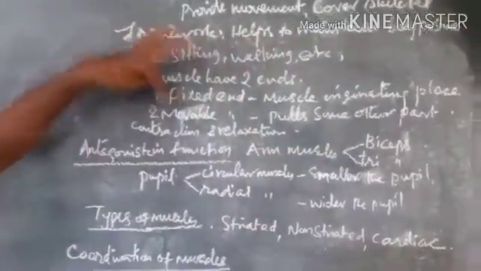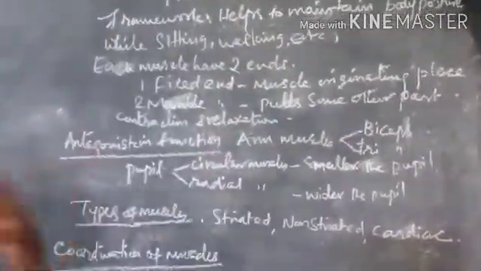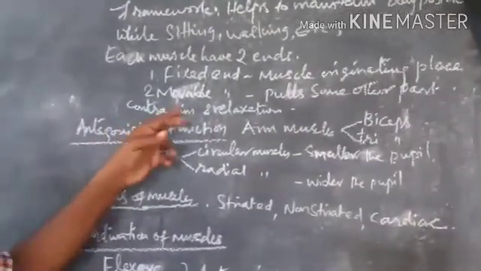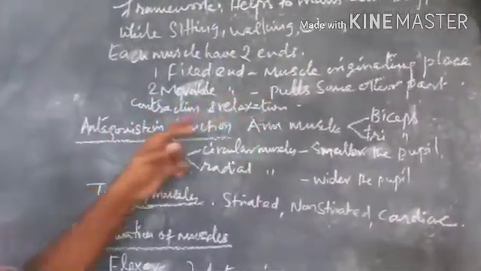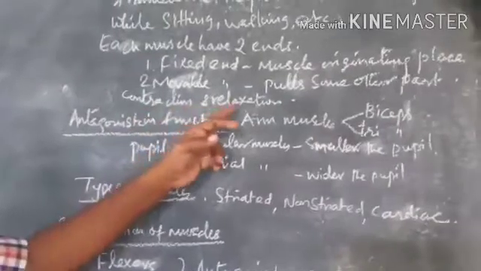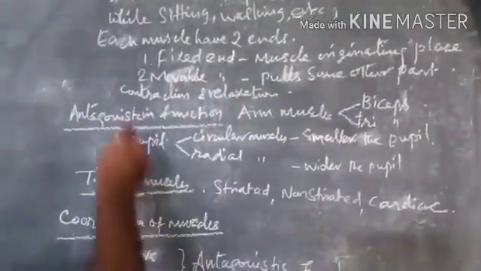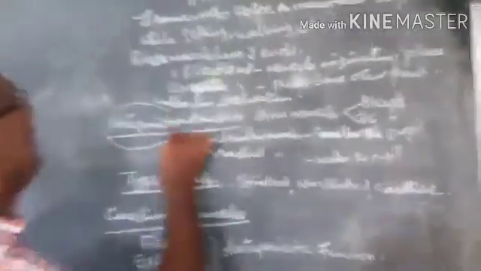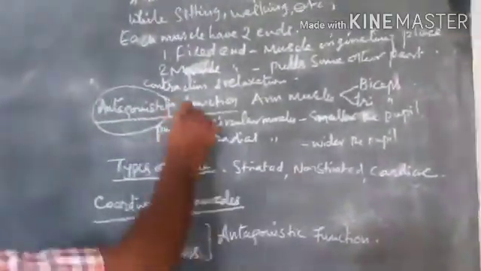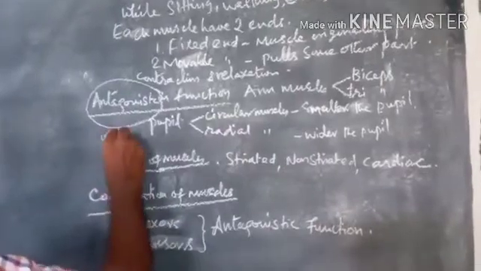The muscles are attached to the bones by means of tendons. Understand? The movement of muscles takes place by contraction and relaxation. This contraction and relaxation in human muscles is antagonistic in function. Antagonistic function means opposite in function.